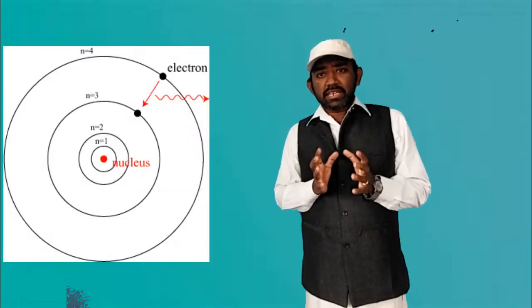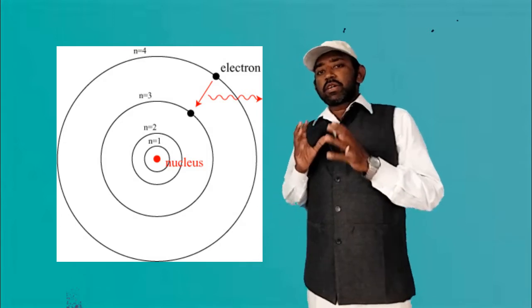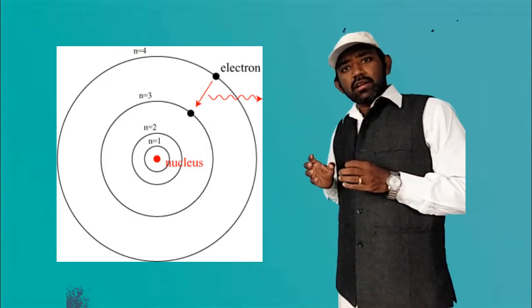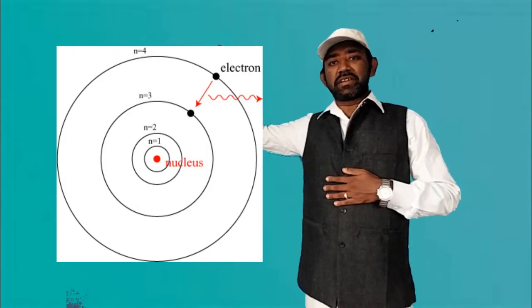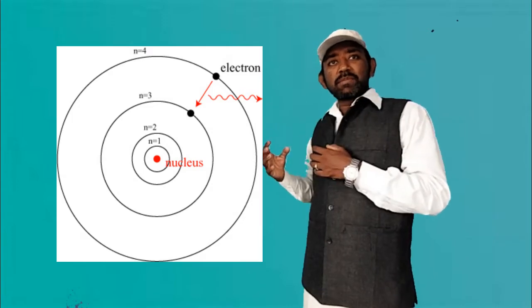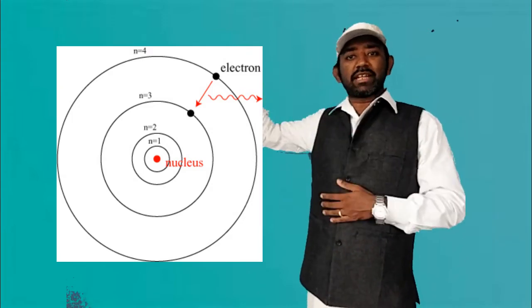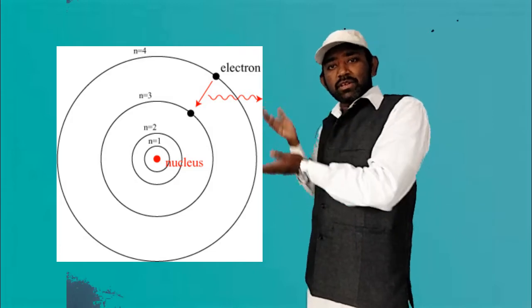Whenever energy is supplied to an atom, the electrons move from the ground state to a higher energy state. When the electron jumps from a lower energy level to a higher energy level, it once again comes back to the ground state.